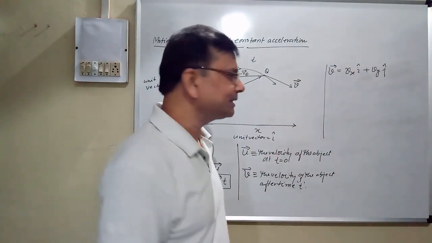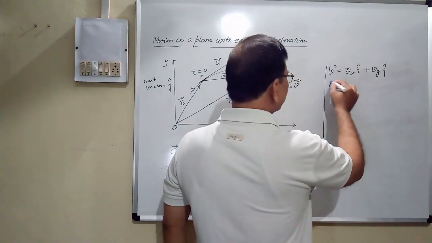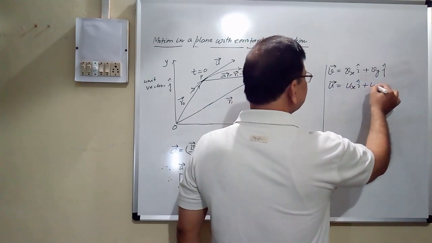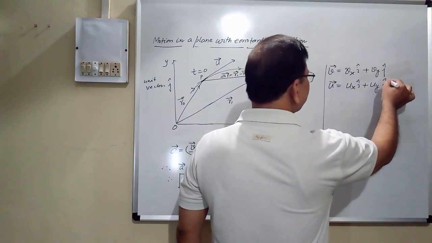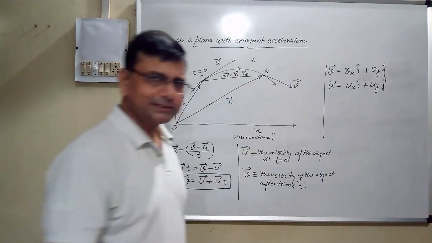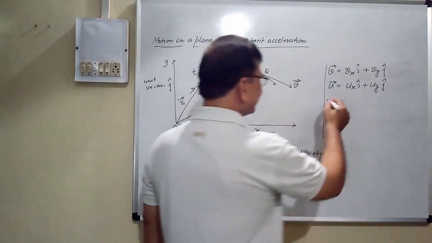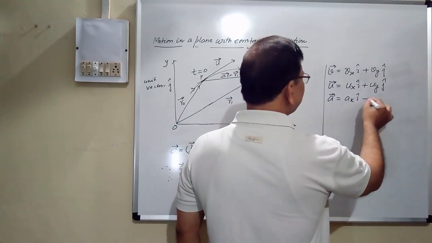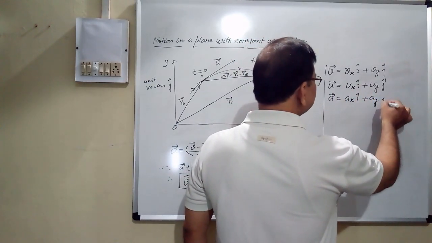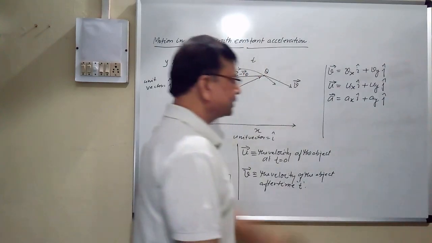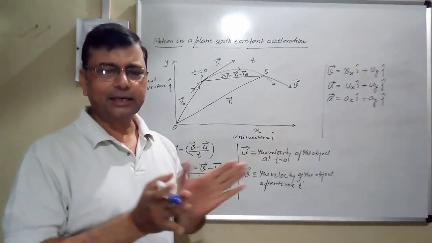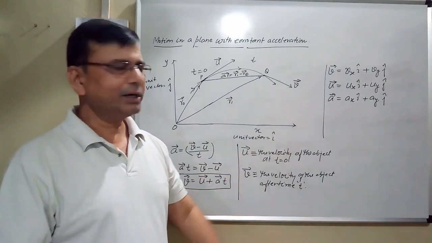Similarly, u, initial velocity, is ux i plus uy j, we can write. And for acceleration in a similar manner, acceleration vector is ax i plus ay j. So these things can be written in two components in two directions, which are perpendicular to each other.